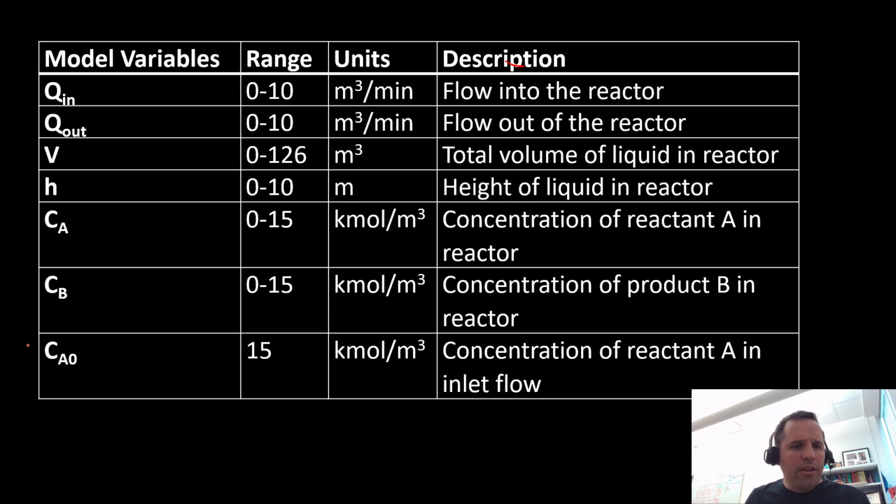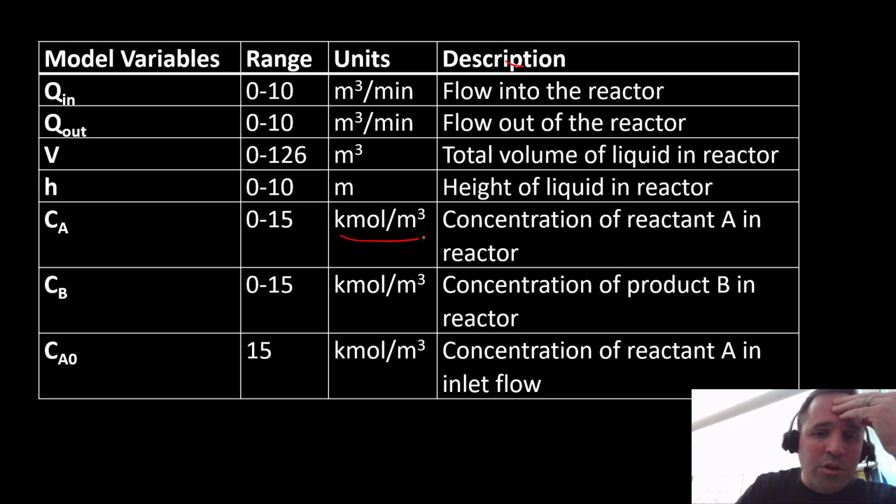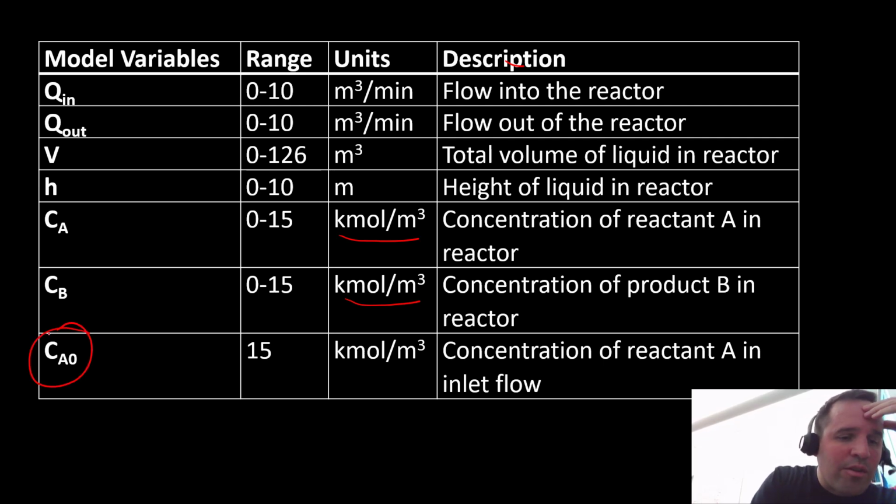I'm just going to quickly show you some of the specs of the variables that we will be considering. We'll have flow in, flow out, the volume, the height of the reactor, the concentration of A, which will be expressed in kilomoles per meter cubed, and the concentration of B, which will have the same units. We also need to know the inlet concentration of our reactant, which we're going to express as C_A0.